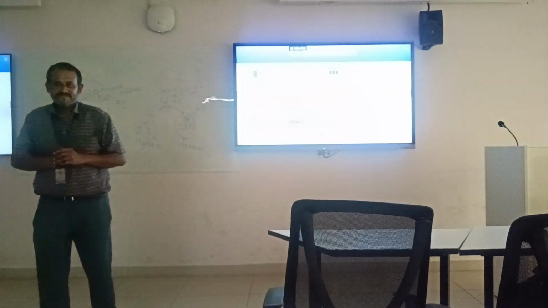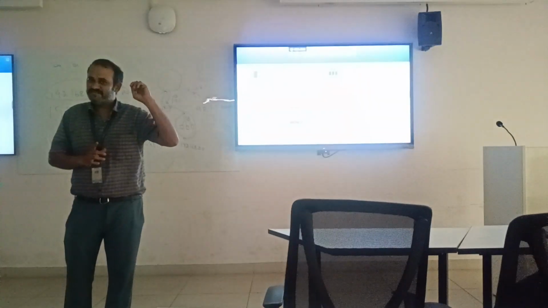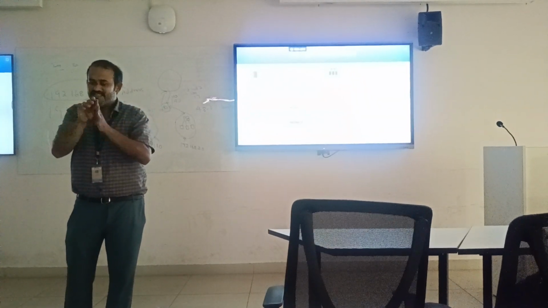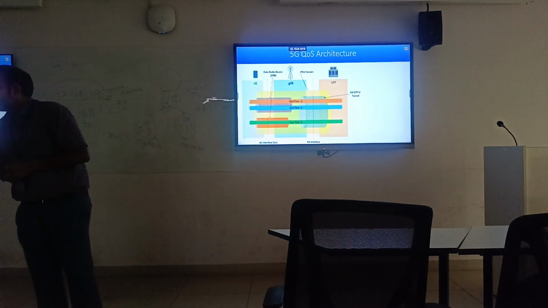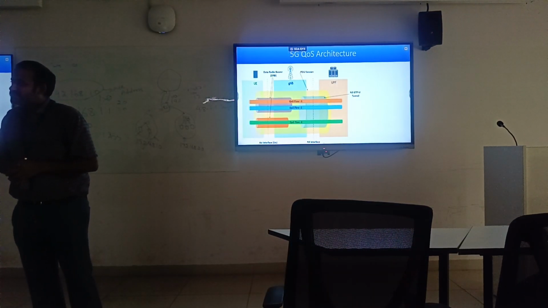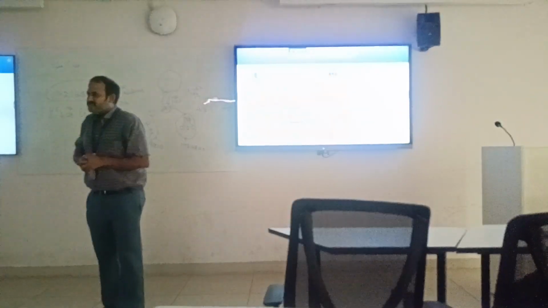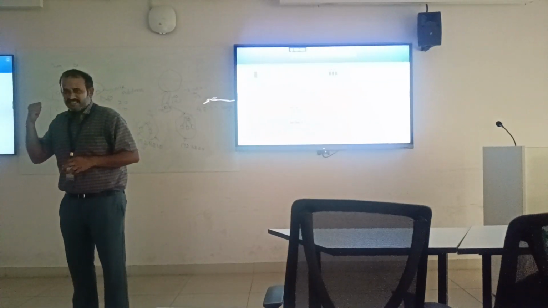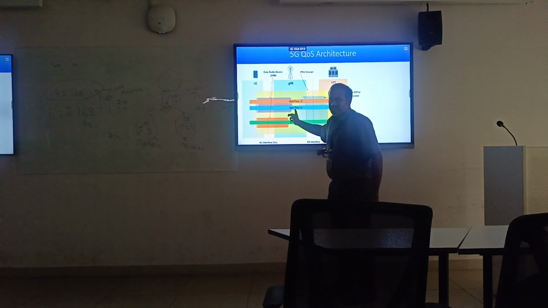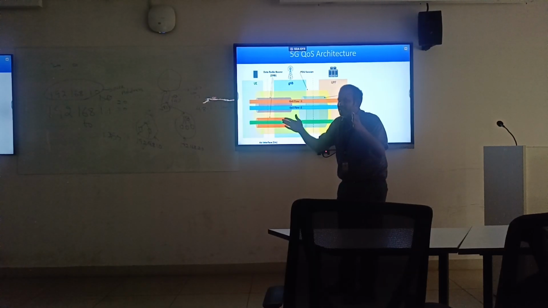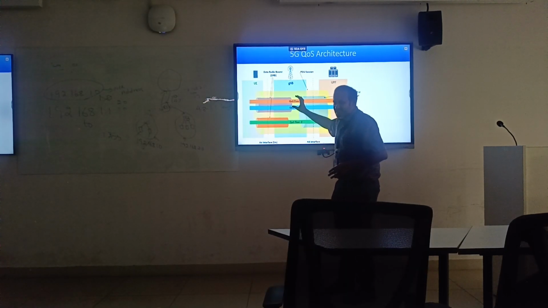Because of the same requirement from the user, the same kind of request. Here QoS flow 1 and QoS flow 2 will be considered GBR, and this flow 3 will be considered non-GBR.